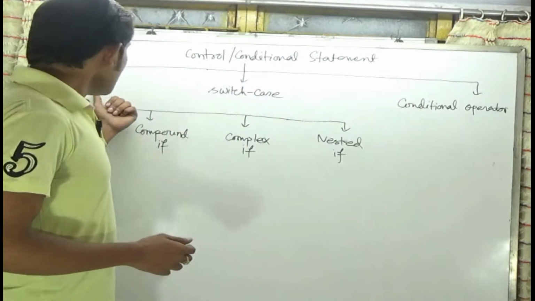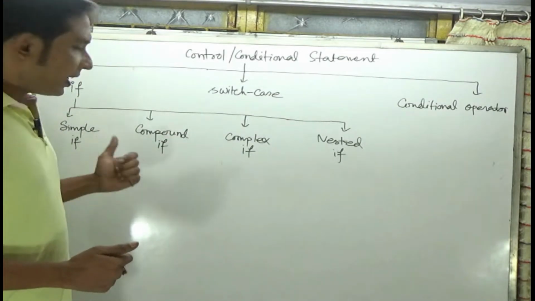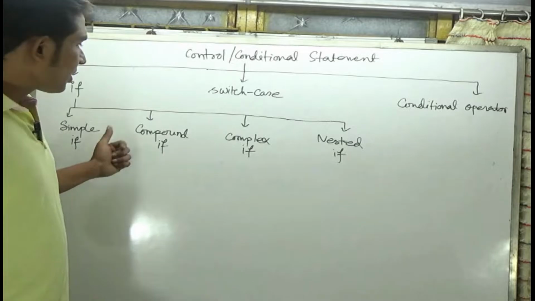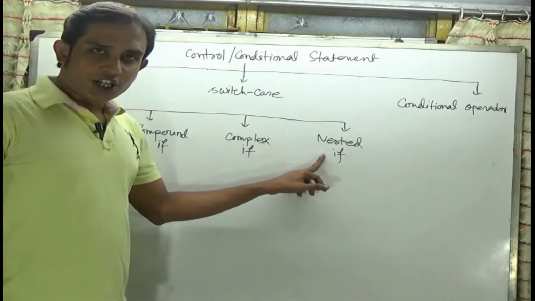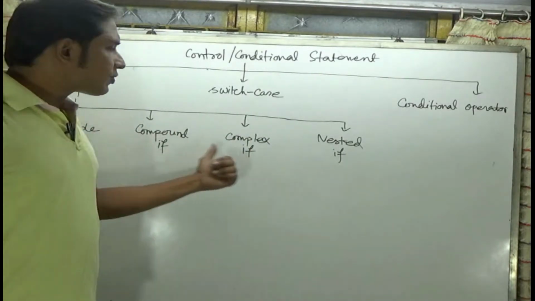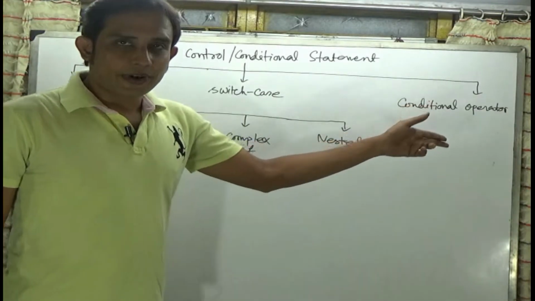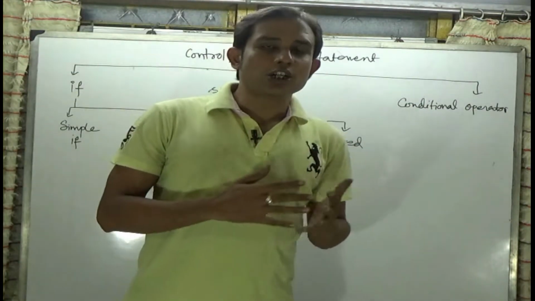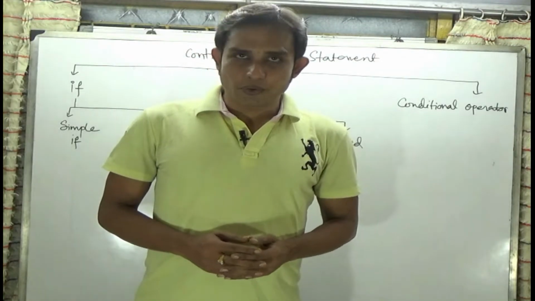Again, the if statement is categorized in four types, and they are simple if, compound if, complex if and nested if. So by using all these types of if, switch case, and also the conditional operator, using any of these, we can control the flow of a program.